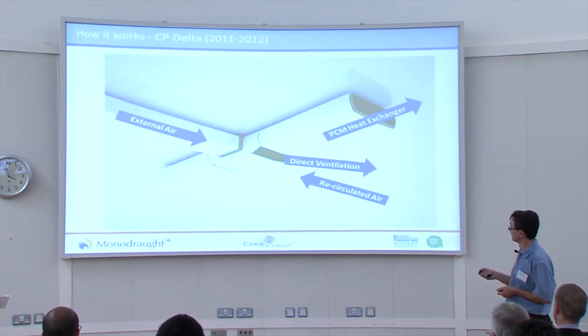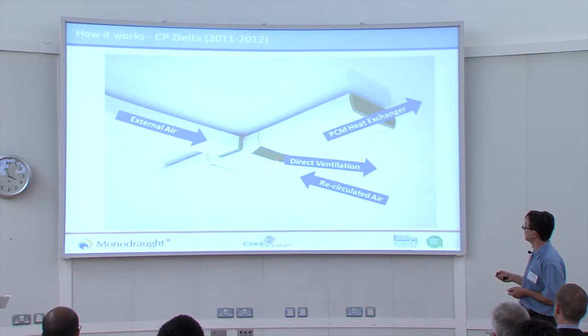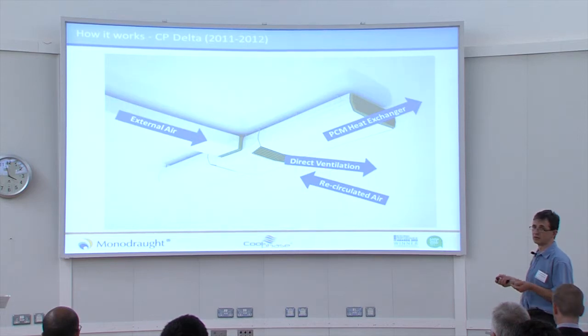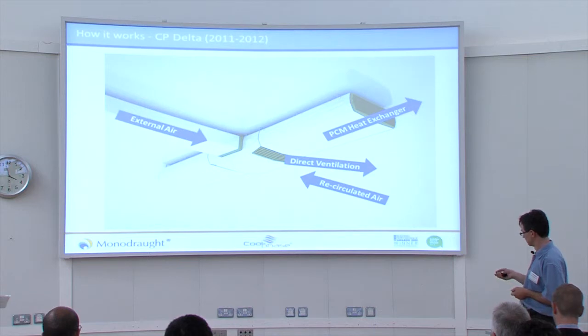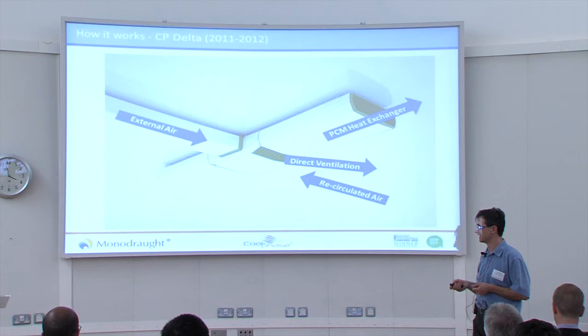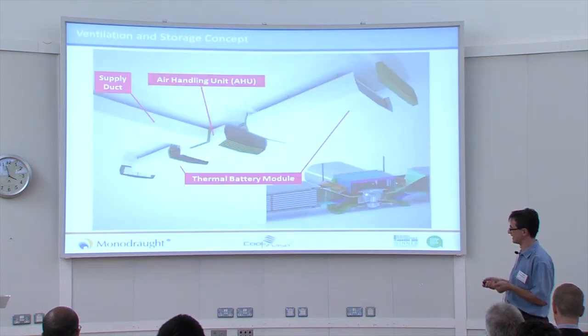We have external air coming into the air handling unit. Then we can choose whether to deliver it directly if the outside air is cool enough. Alternatively, we can use the PCM battery to cool the air, especially if over nighttime this PCM was frozen.